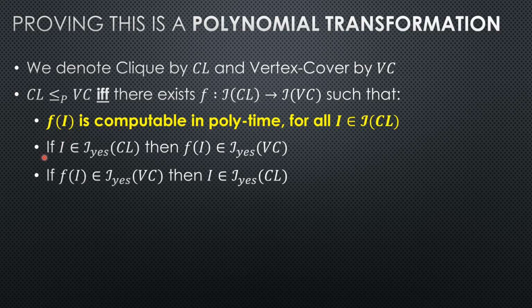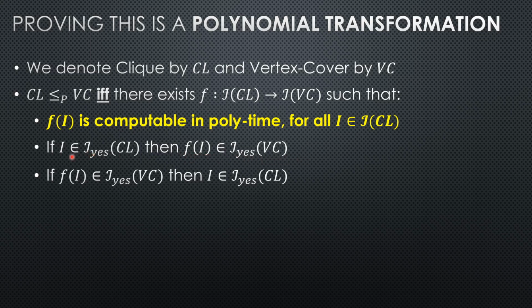Okay, and if the original graph and k is a yes instance of clique, in other words, if there is a k-clique, then the transformed input, H comma n minus k, which is the complement graph and n minus k, is a yes instance of vertex cover.